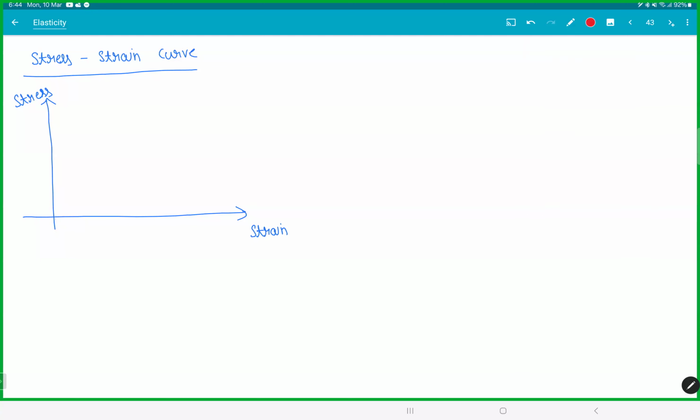The graph looks something of this sort. This is O, this is E, this is U, and this is B. I'll tell you what each point means.